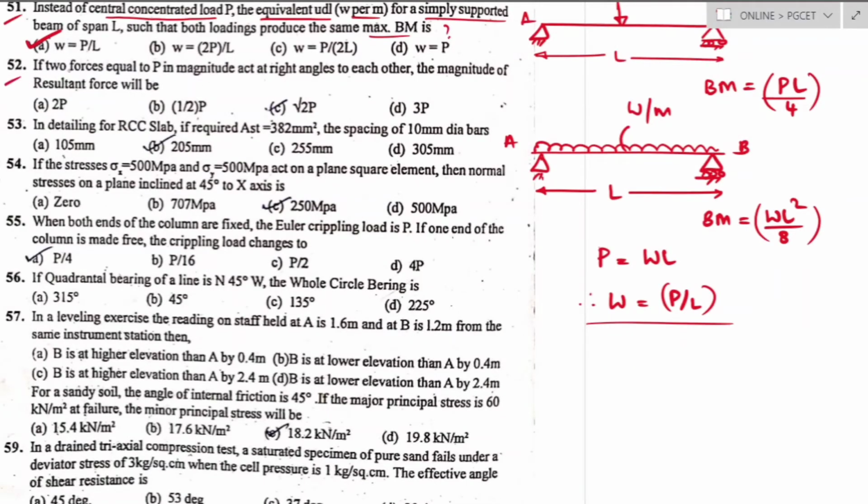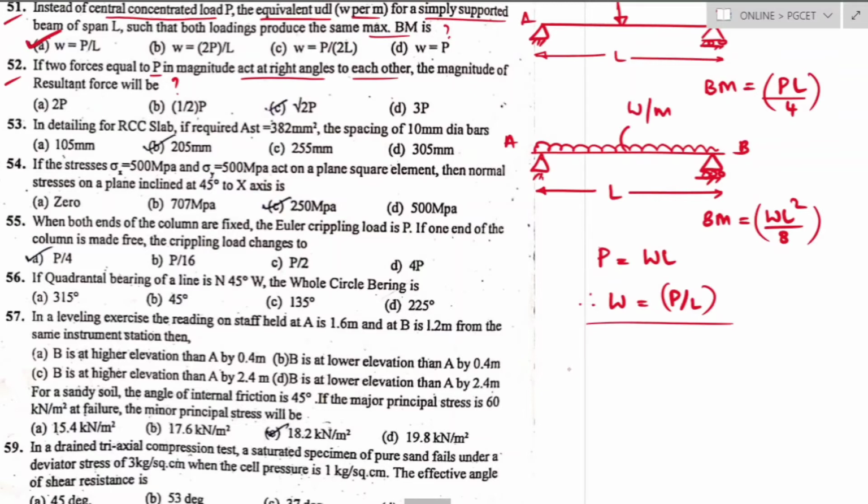Question number 52. If two forces equal to P in magnitude act at right angles to each other, then the magnitude of the resultant force will be. If a third force is the resultant, it can neutralize the effect of the two forces.